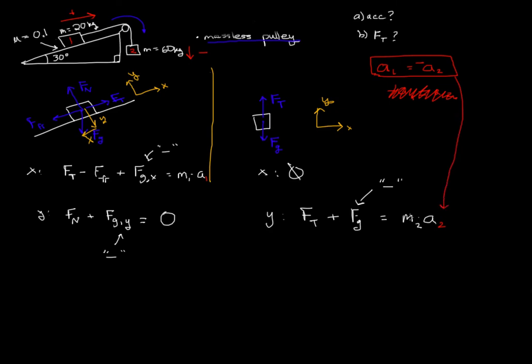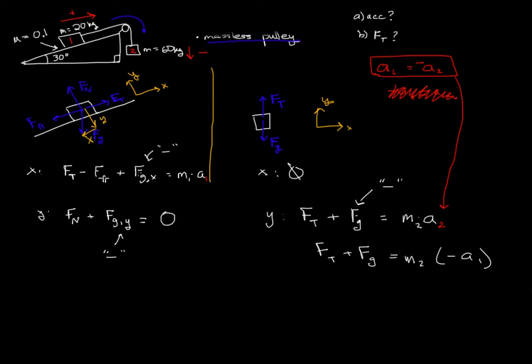We can rewrite this and say that tension plus force due to gravity equals m2 times negative A1, because A2 is going to equal negative A1. And that little negative sign there is going to make a huge difference.